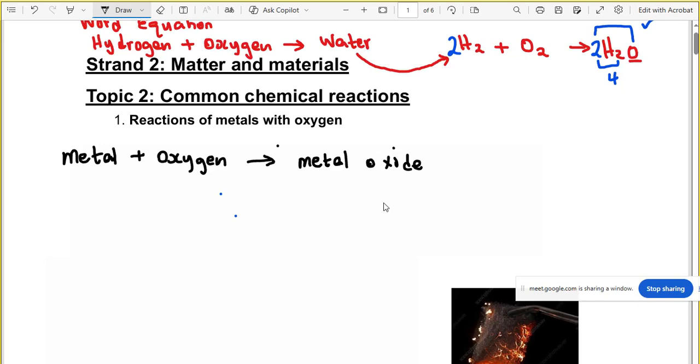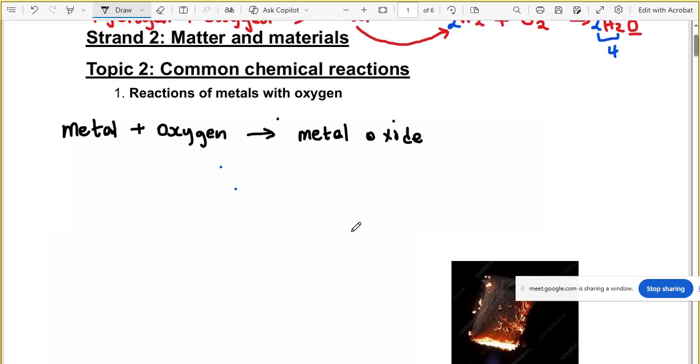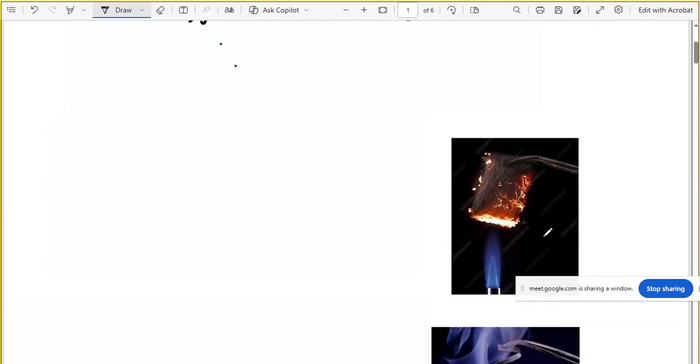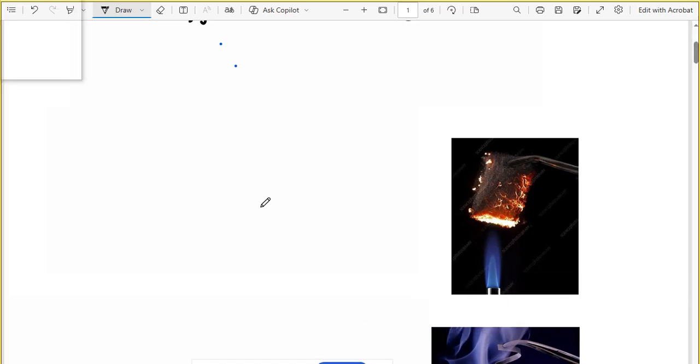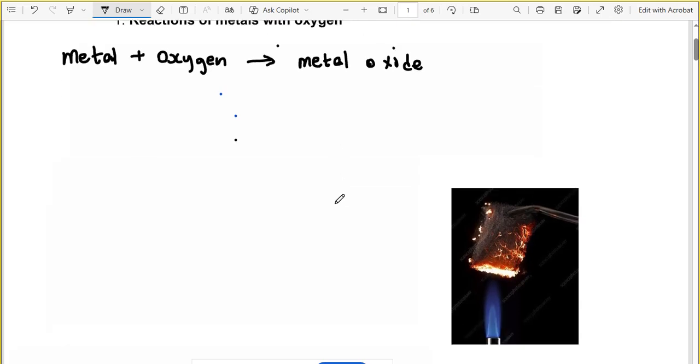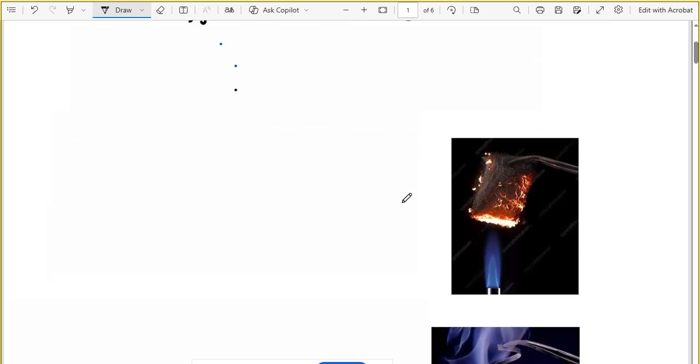So now, what is going on if you look at this picture? Can you see the picture? Yes. Okay. So now, if you look at the picture, we have a metal that is burnt in flame. This is called a combustion reaction.